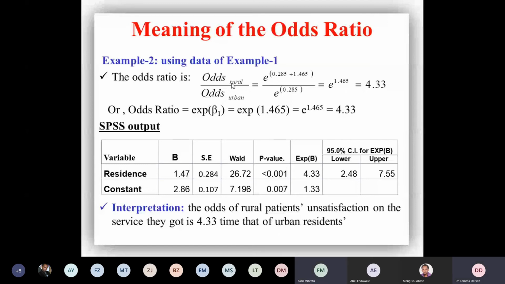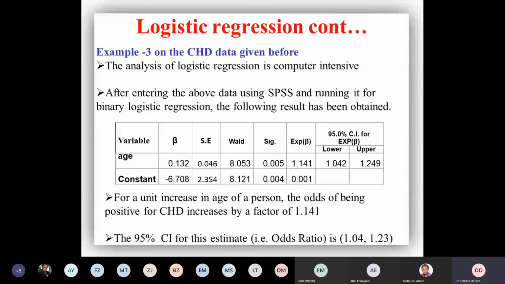Okay, so let's go to example 3. Let's go back to CHD data. If you run logistic regression on CHD data using SPSS, you will get this result. As you can see, we have only one independent variable, which is age.